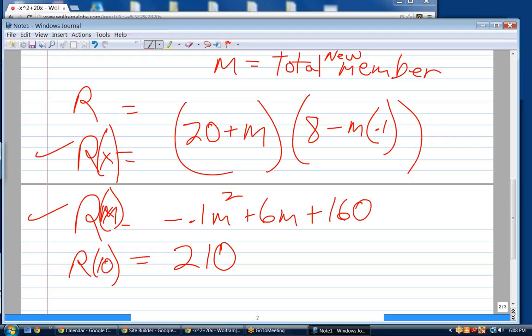The x coordinate will be the number of new members. I can't. Okay, sorry. Struggling with the calculator.